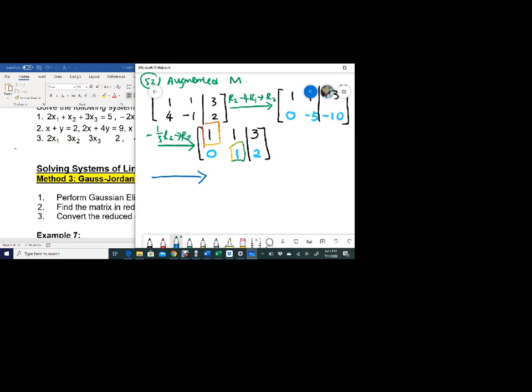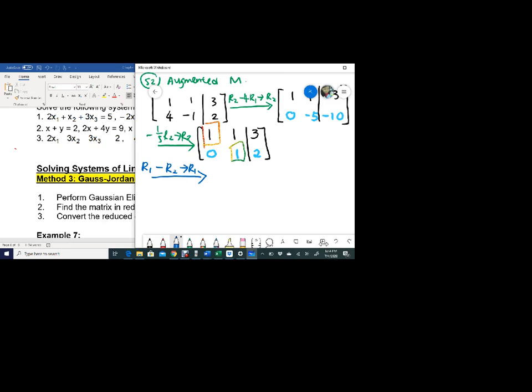You remain your R1, because you need to ensure this one will be positive 1, right? So you will have R1 minus R2 happen to R1.